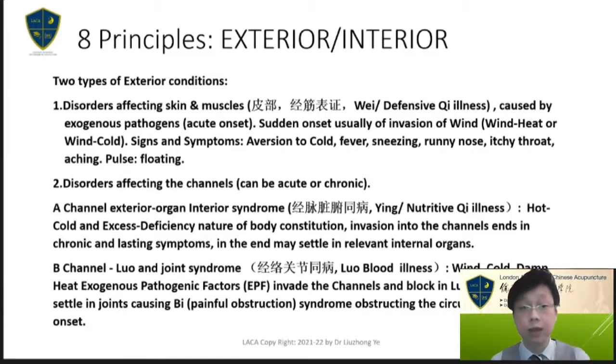So these actually include, first, those affecting the skin, cutaneous, muscular and tendinous parts, and those are channel exterior and organ interior syndromes. If you look at COVID-19 development, it's very much in here.